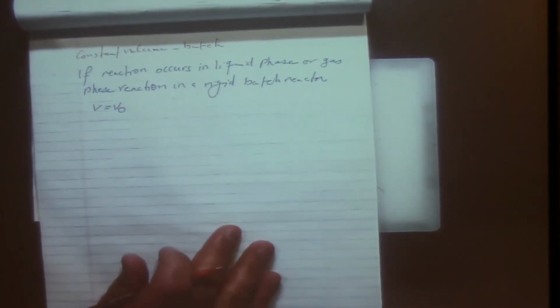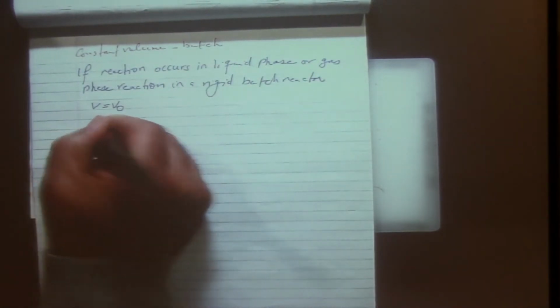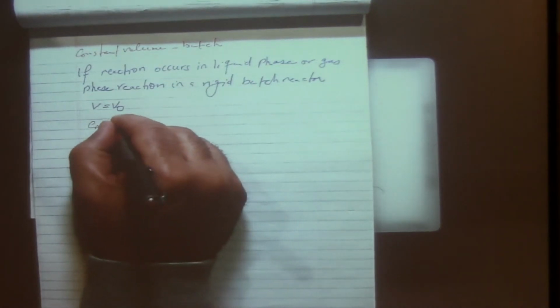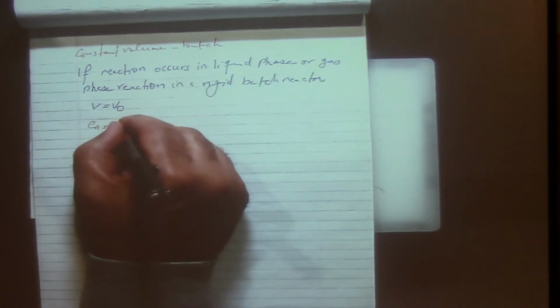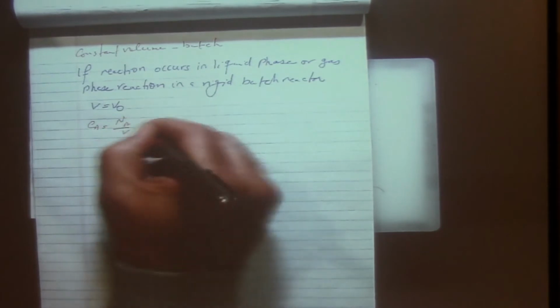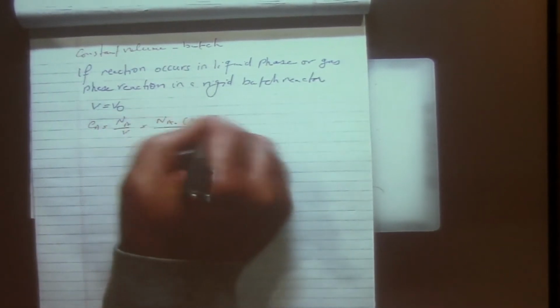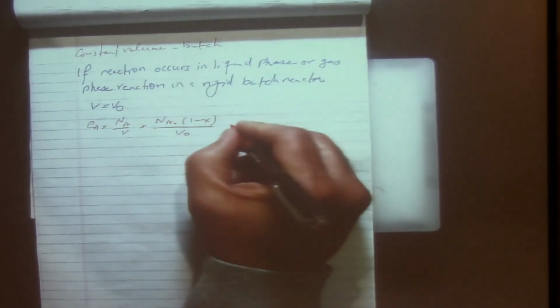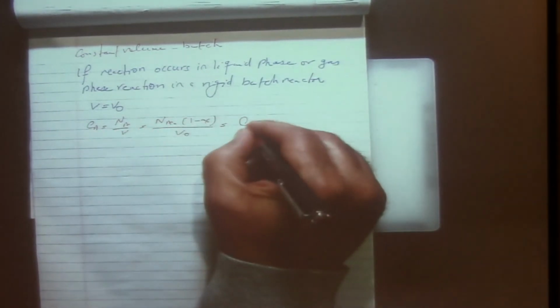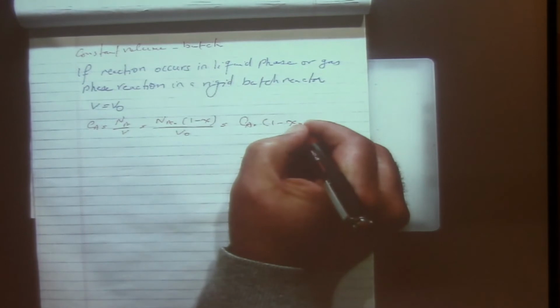So in terms of the concentration, whenever you are dealing with constant volume, your best bet is CA. That would be NA over V, or NA0 times (1 minus X) over V0. In other words, CA always is CA0 (1 minus X).